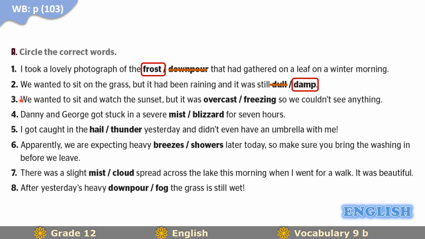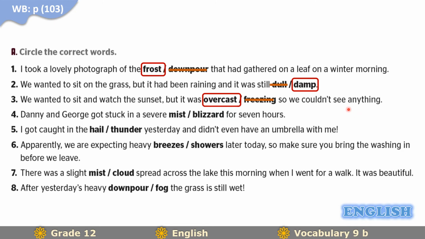Let's move on. Sentence number 3. We wanted to sit and watch the sunset, but it was overcast or freezing, so we couldn't see anything. I think here the answer is clear, which is overcast, which means full of clouds or dark.